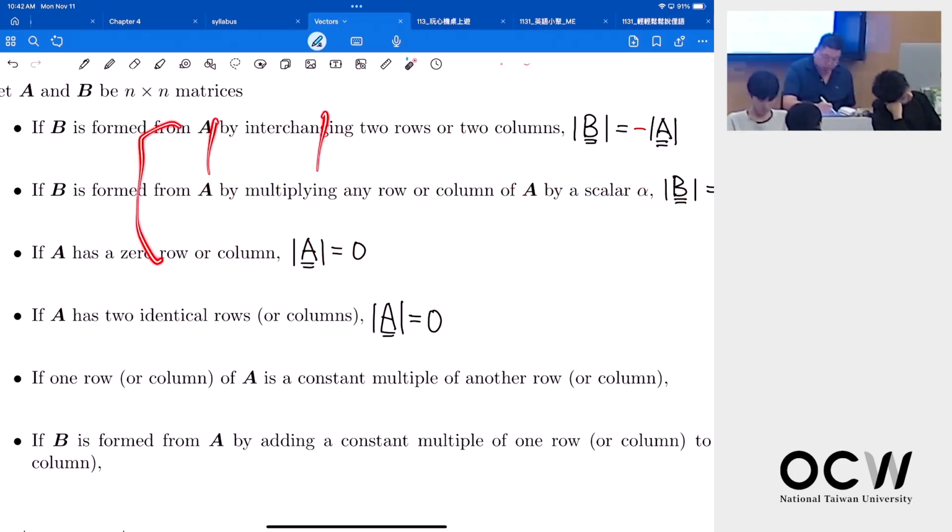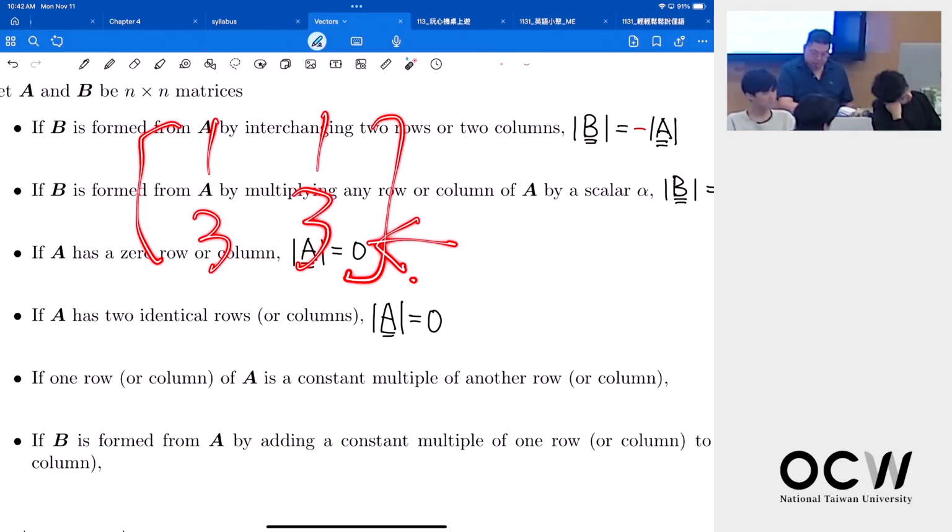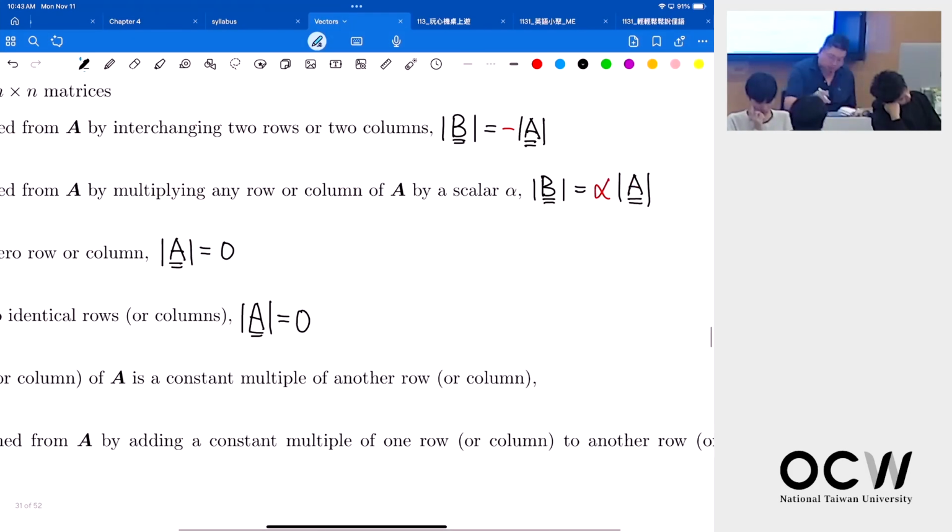If you have 1, 1, 3, 3, the second row is a constant multiple of the first row, by 3, then the determinant is still 0.